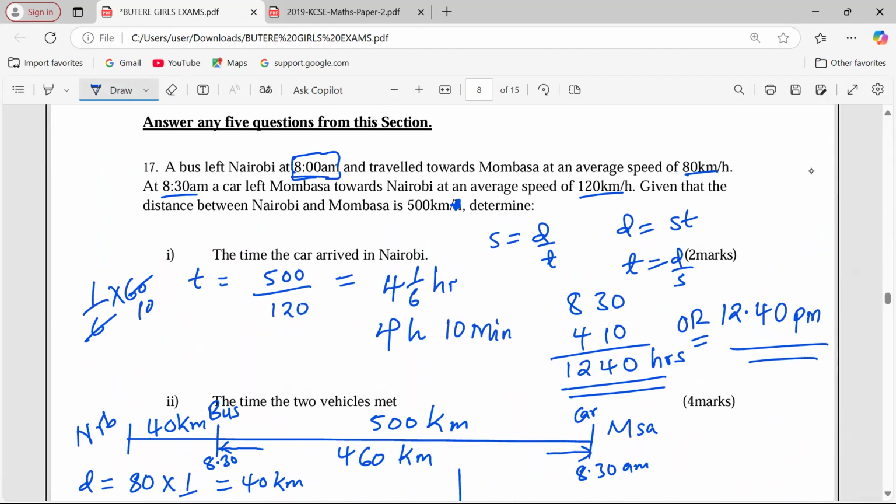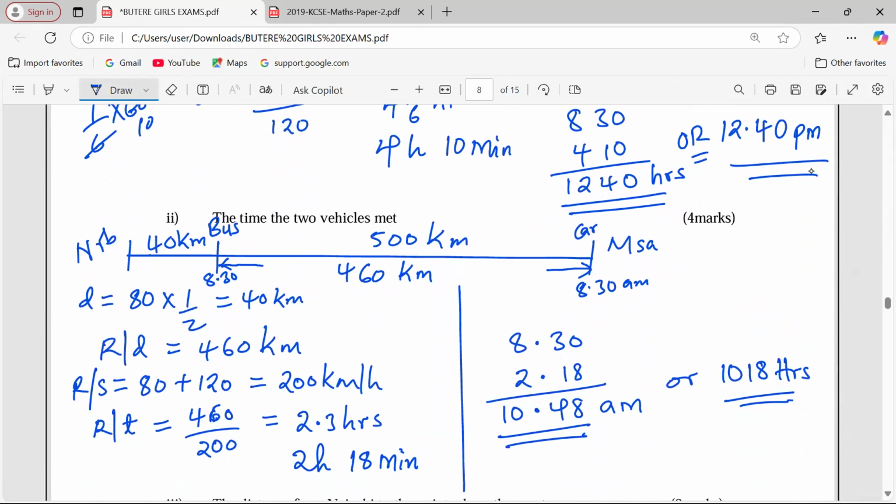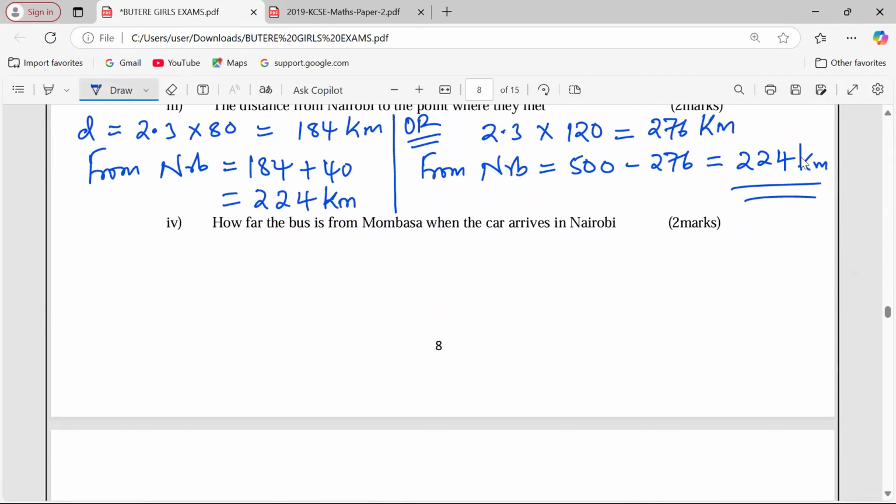How many hours will the bus have moved? So 12:40 from 8. Up to the time the car arrives, the bus has been in motion for 4 hours, 40 minutes.